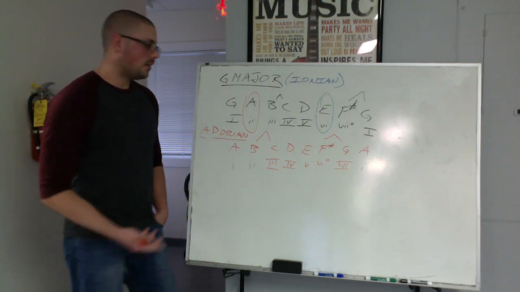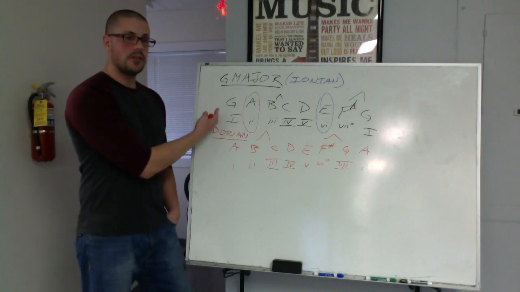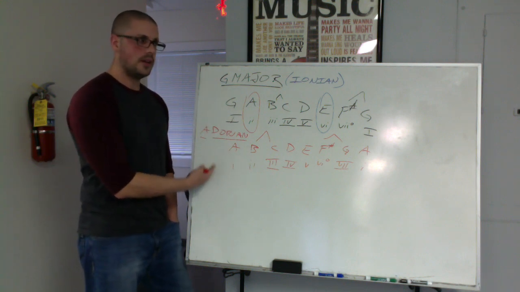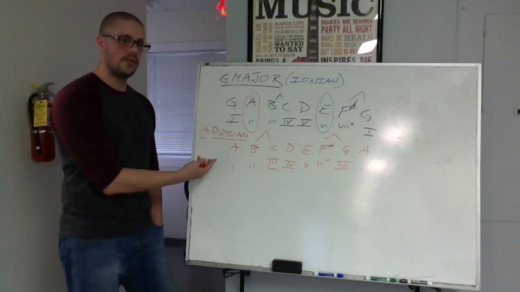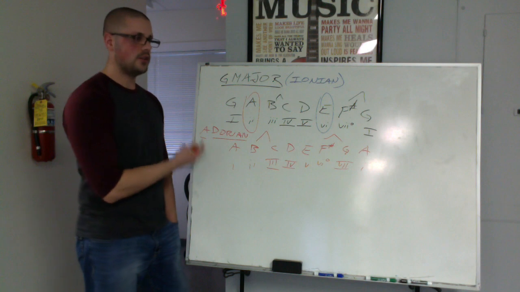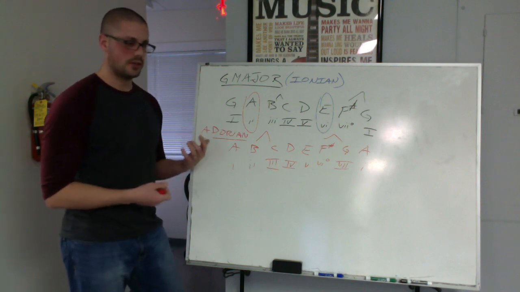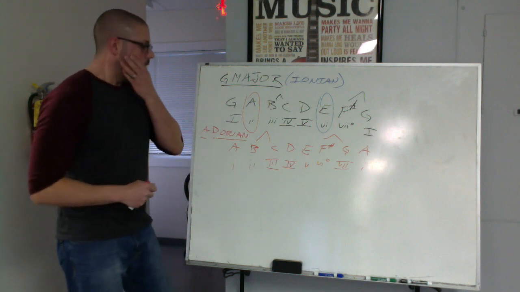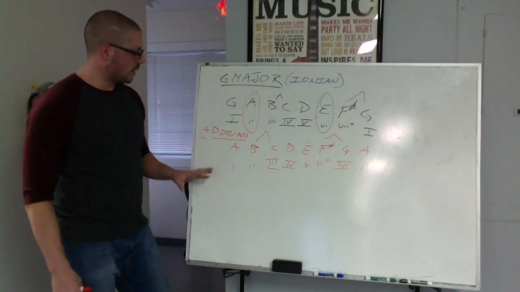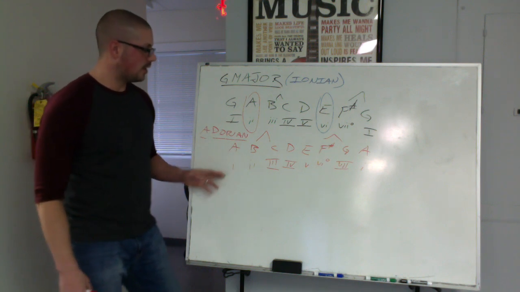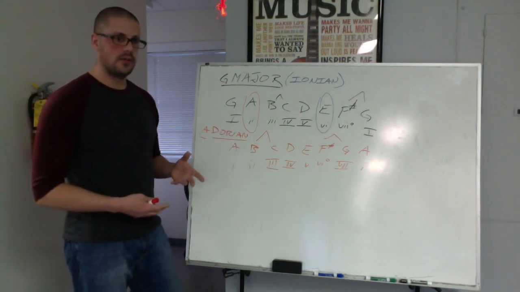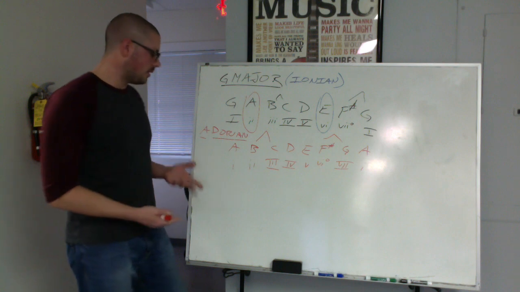So now, if you know your G major scale, and you know that the song is in A Dorian, then again, it's part of the same family. All of these things that we were just talking about are still in the G major family, so your G major scale is going to work. So what makes a song in A Dorian is that we start on the A minor, and we use all the chords from the key of G and try to figure out a creative chord progression that we like.